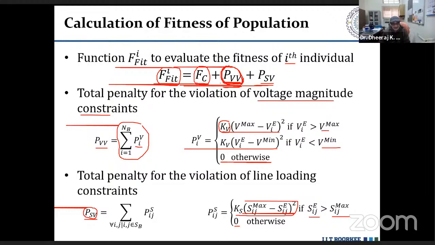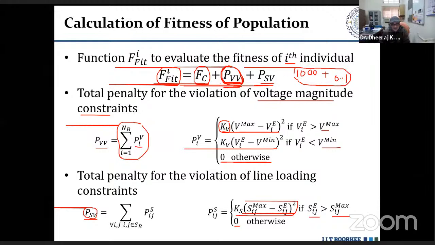Suppose this value is of order 1000, and this value is coming to be, let us say, 0.something. When this value is added to this, it is not going to make any great impact on the fitness of the ith individual.